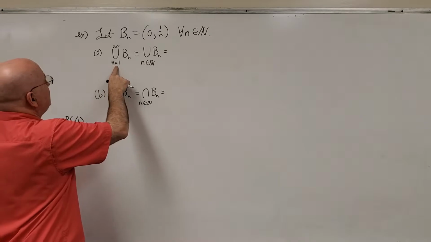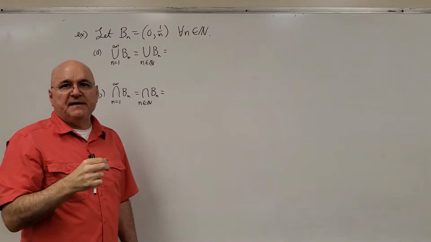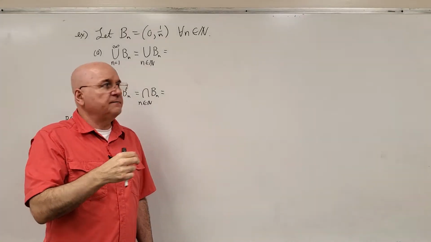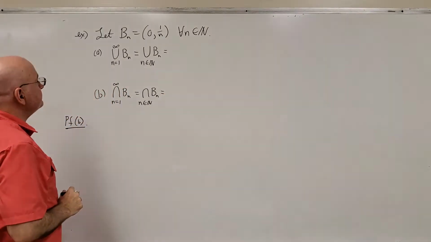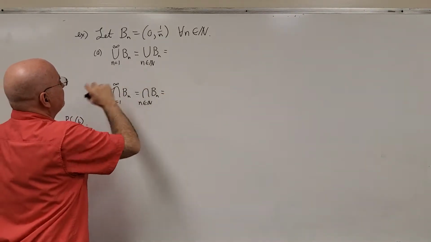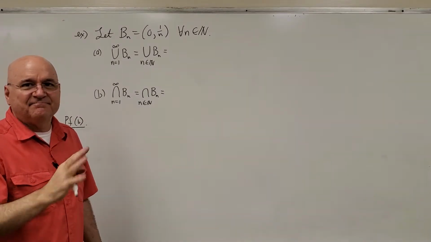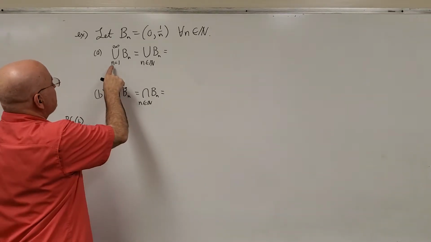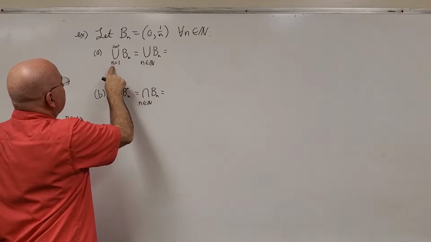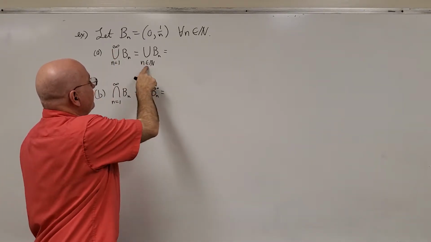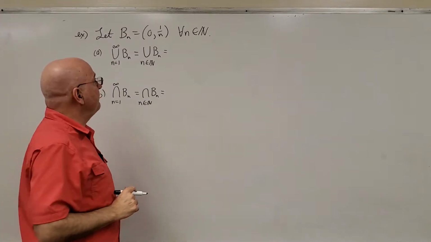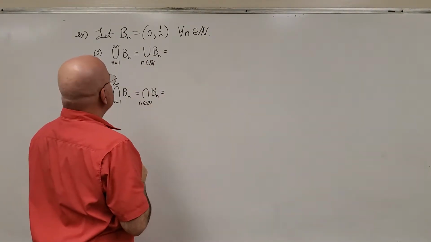Let's take a look at the union of all of those Bn's for all little n in the natural numbers. These are two separate ways of writing it, and I interchange them. You can say the union of the Bn's where n equals 1 to infinity, or you can simply say n is a natural number, the union of the Bn's.